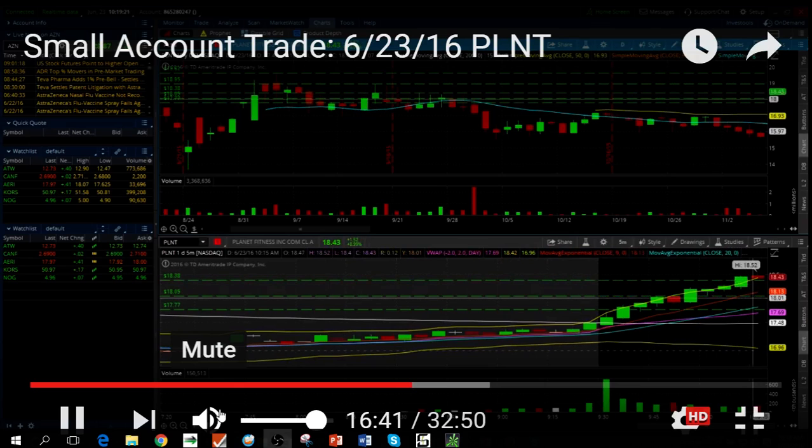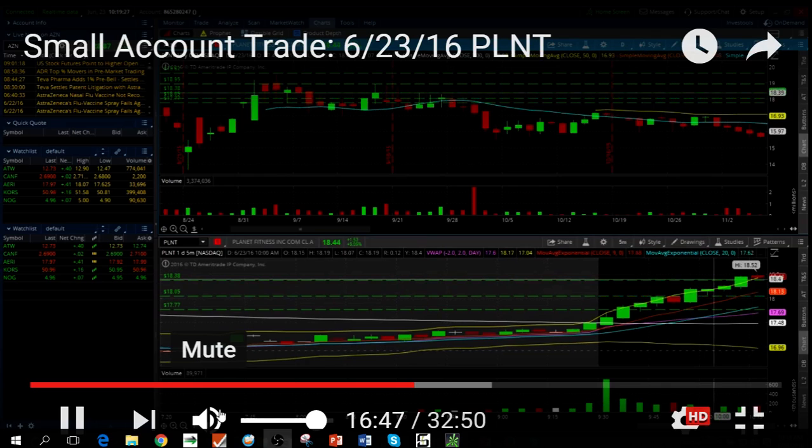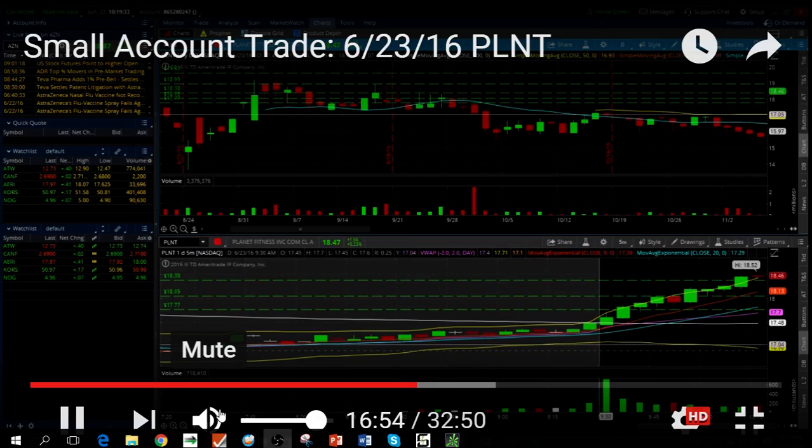And I would take it on the pullback up to the next level. But just jumping in right now because it claimed this and thinking that it's going to move up to 1895, that's not a good risk reward trade.